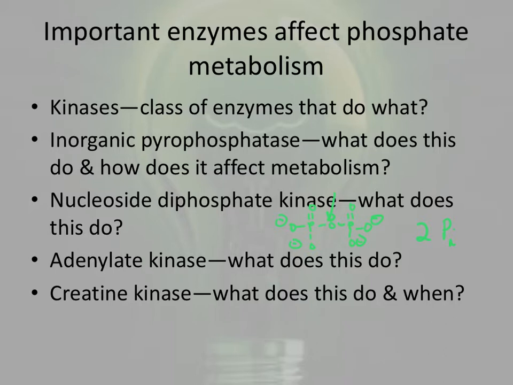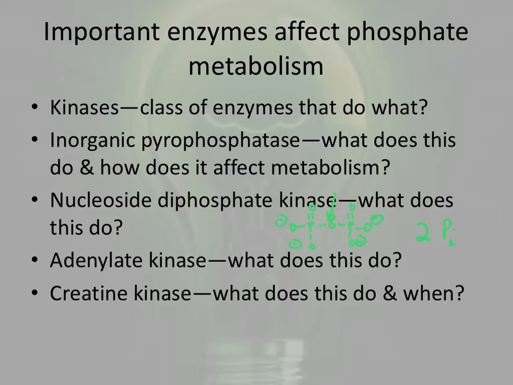Not just a nucleoside, but a nucleoside diphosphate. So for example, you could take UDP, which is a nucleoside diphosphate, and this enzyme would literally be able to take the phosphate off of ATP and turn UDP into UTP, or go backwards. Same thing with C, make CTP from ATP, or technically GTP and ATP going back and forth.